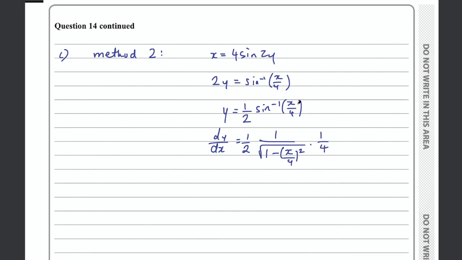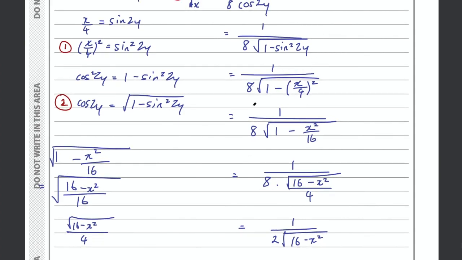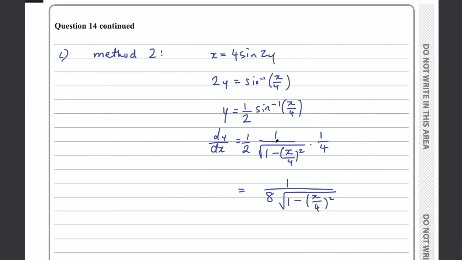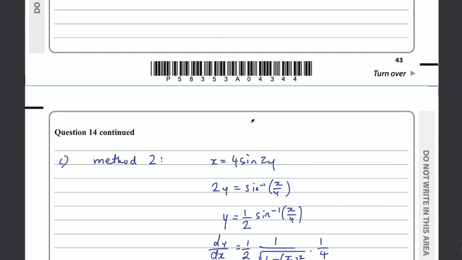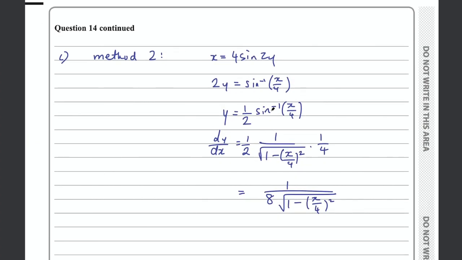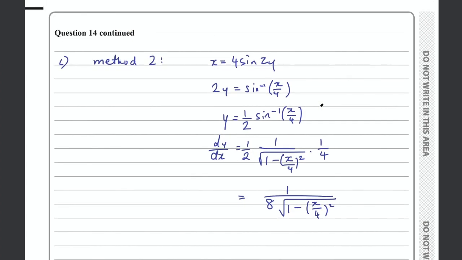And then if I simplify this expression, we end up with 1 over 2 times 4 is 8 root 1 take x on 4 all squared, and you're at that point here basically. So rather than having to do all of this, we just had to take the derivative of arcsine. So that is the second method. I believe it's simpler, but it does involve having to know that derivative.